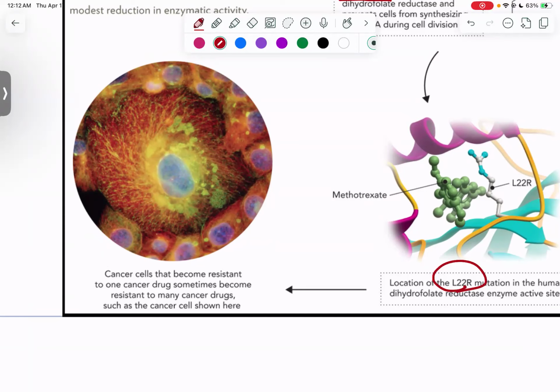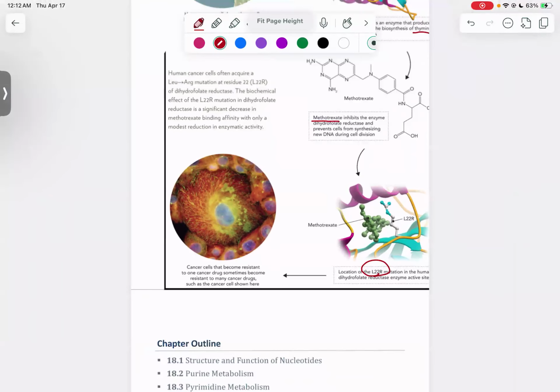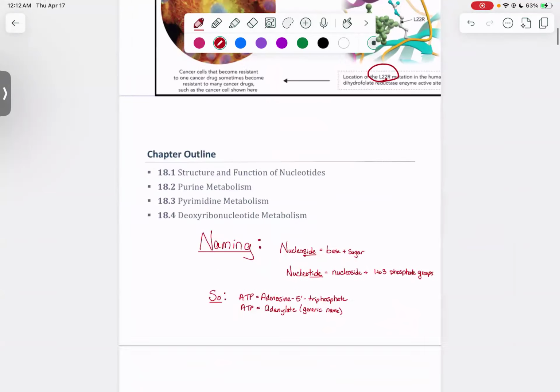And so the cancer cells become resistant, and it can even get really bad. We'll talk about this later in the chapter: you can become resistant to even multiple drugs. That's a really big reason why cancer is so dangerous, and why we really need to move into cancer treatment being specific to the patient and not super general like we've been doing so far.